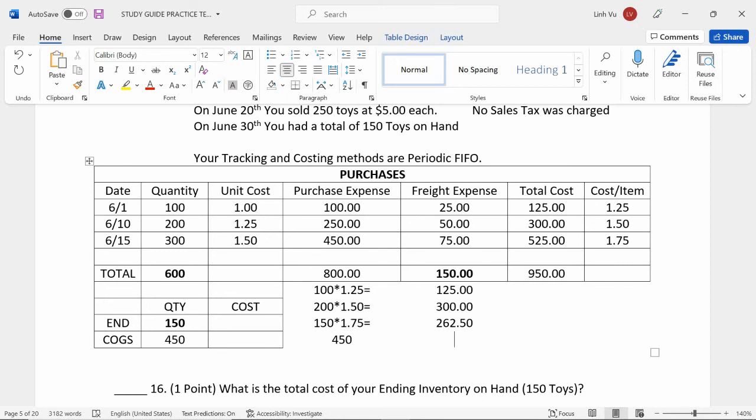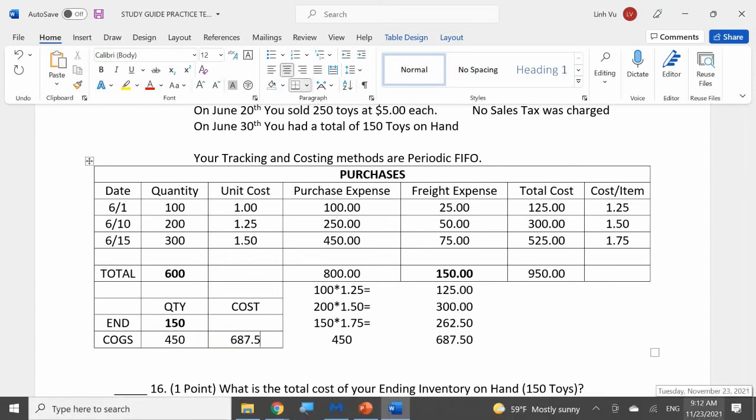If you add all this up, that's 450 units. Now in this case, how much is this one? 687.50. So this is going to be 687.50, and this is going to be 262.50.